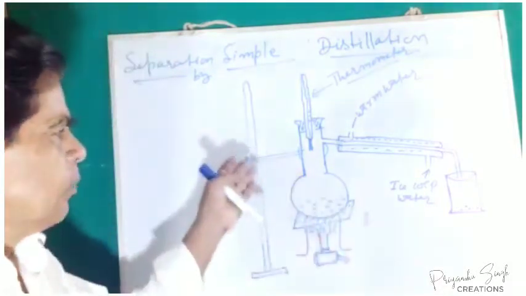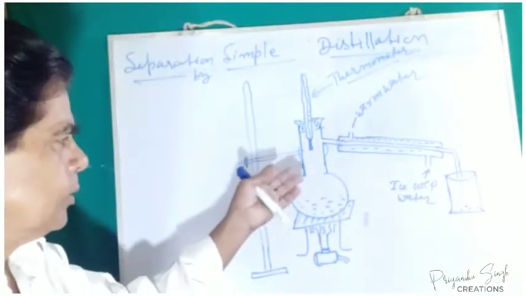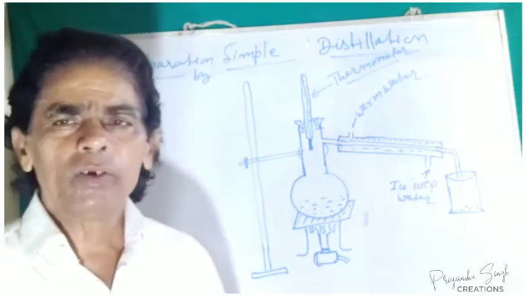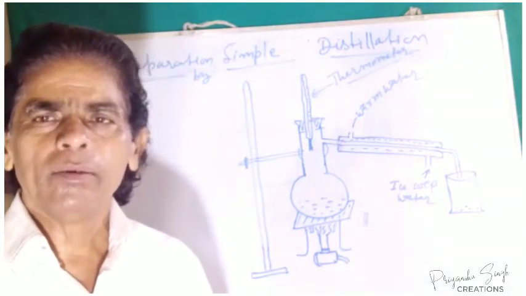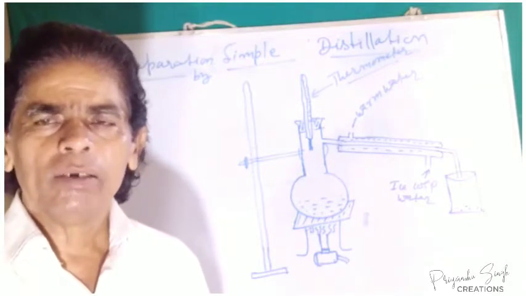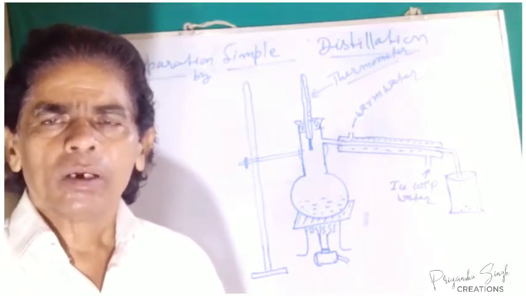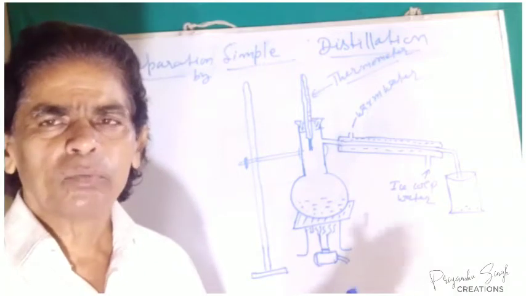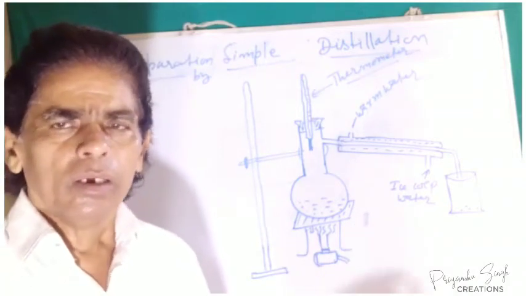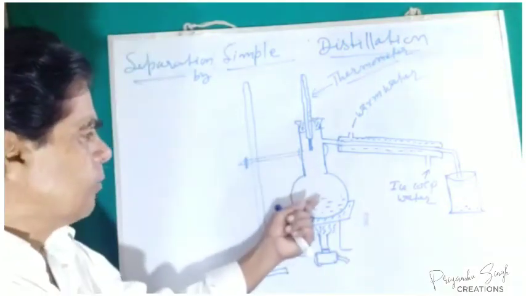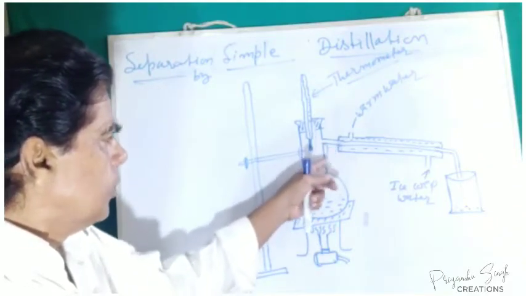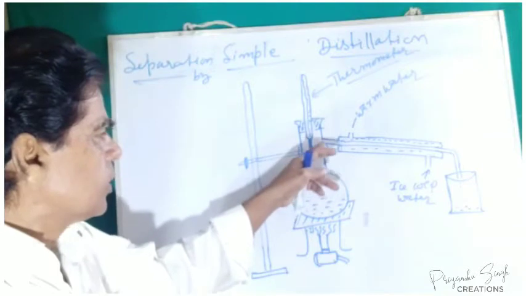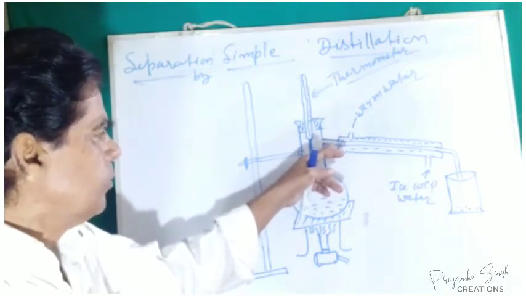This is a setup of the simple distillation method, in which two liquids differing in their boiling points by more than 25 degrees Celsius can be separated. In this process, there is a distillation flask in which the neck of the flask is provided with a delivery tube.